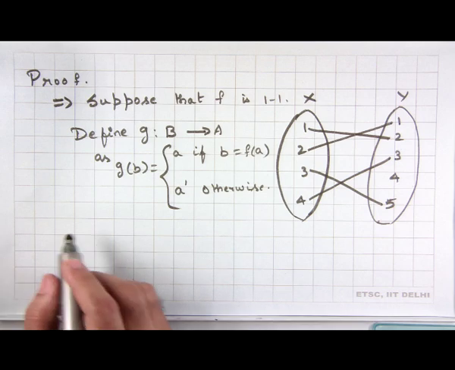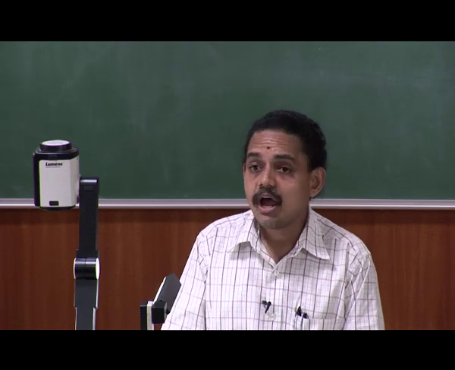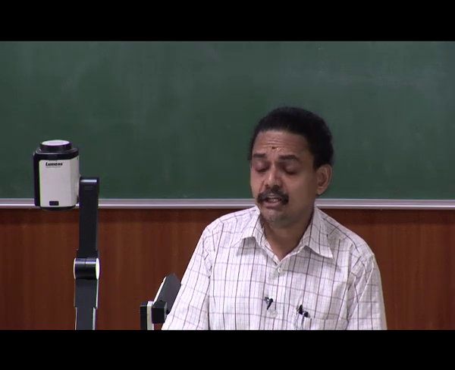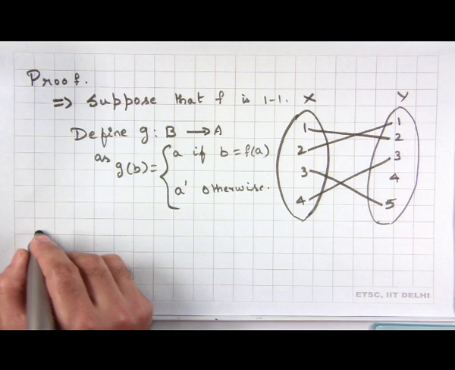Now, we will have to go with proving two things. One is that g is onto, and the other one is that g composed with f is the identity function. Well, let us prove the first one.